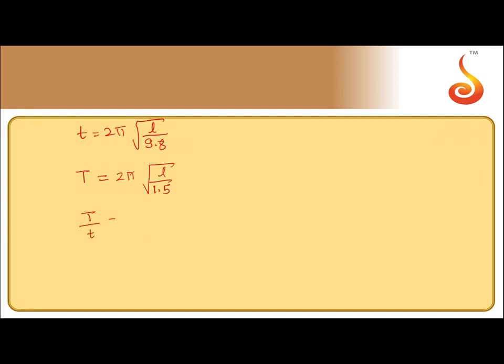So t dash by t, if I take second equation divided by first equation, 2 pi and L get cancelled, it will be root of 1.5 in the denominator, 9.8 in the numerator. So this will give you 6 point something. So root of that will be 2.5, around this. So look at the options. Only possibility is 2.56.